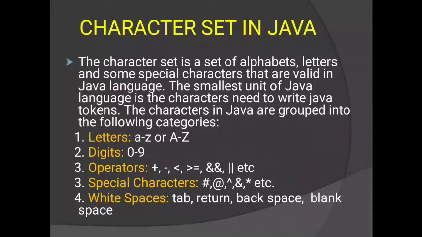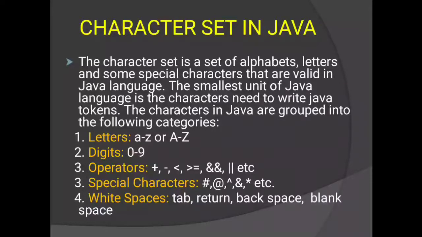Similarly, when we want to learn any programming language, at that time we have to know about the character set, meaning which characters we will use to write the program. That is called the character set. That character set is classified into types: first one is letters, digits, operator, special character and white space.